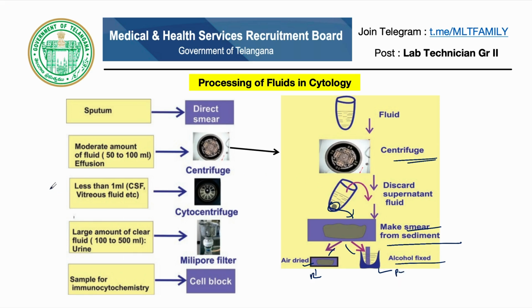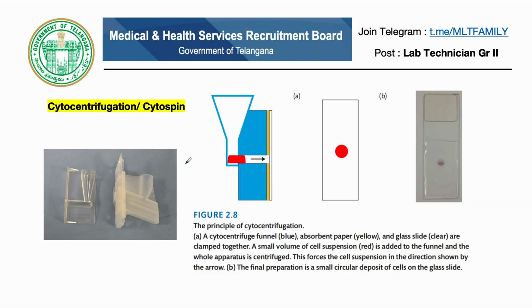If the fluid is less, for example CSF or eye fluid, vitreous fluid, then you have to perform cytocentrifugation. In cytocentrifugation, or cytospin technology, you have this funnel-like plastic equipment. You put the sample here and cytocentrifuge it.